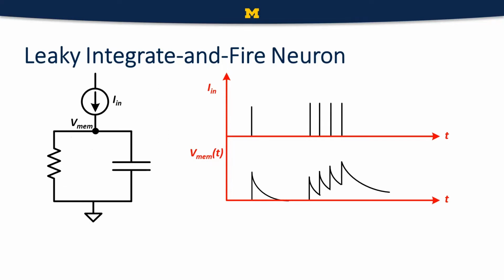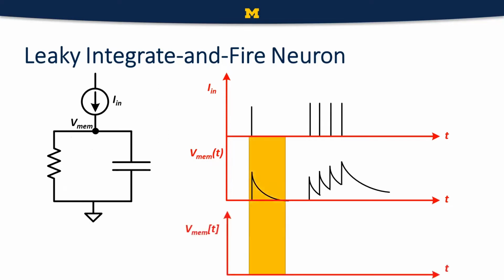This should start to look a little bit familiar to what I showed you before. So if I highlight this one instance of membrane potential rising and decaying, and I discretize it in time. With a time-based neural network or a recurrent neural network, you process the neural network with discrete steps in time.